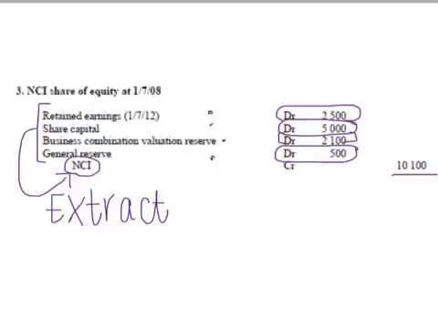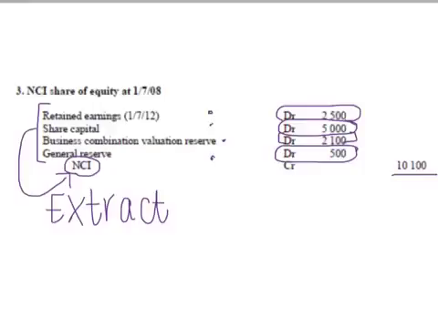So from this date onwards, we're just concerned about the changes in the equity balances, and what is allocated to them on the NCI line item will move in line with those changes in the equity balances.